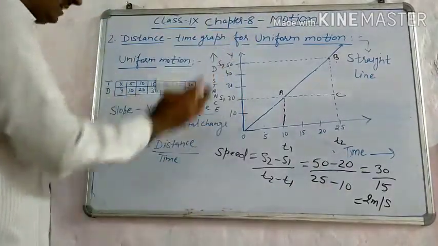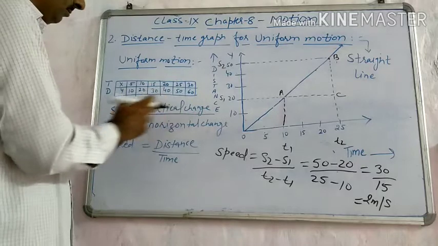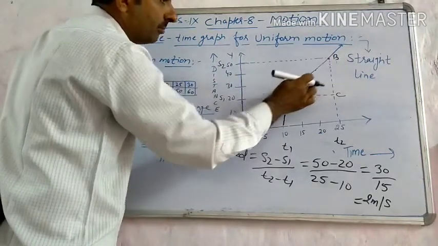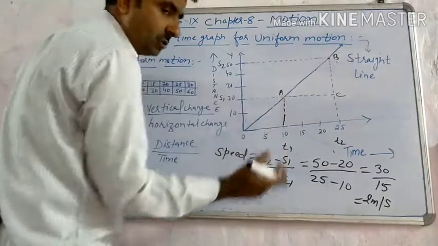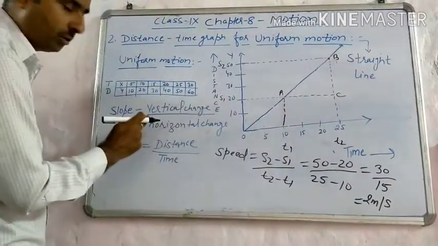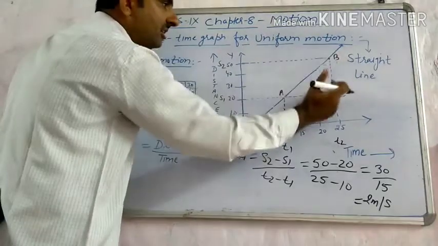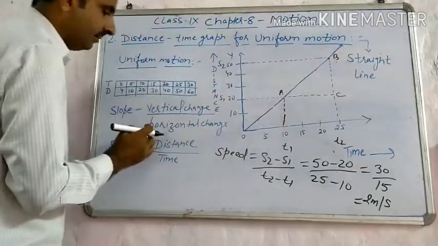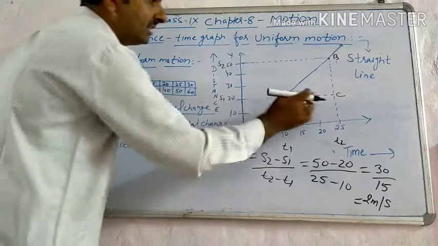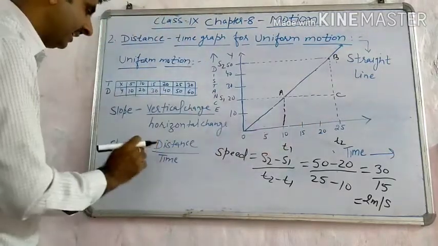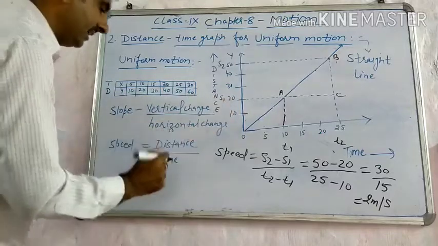So we can calculate the speed by the slope of this line AC. This is the slope. And what is slope? Slope is the ratio of the vertical change, this vertical change meaning distance, divided by the horizontal change, this horizontal change meaning time, or we can say distance by time.